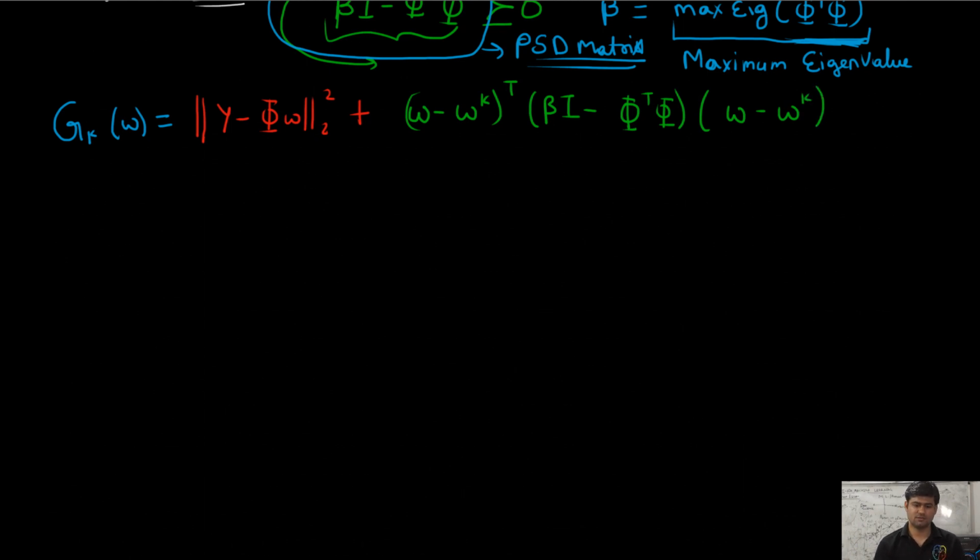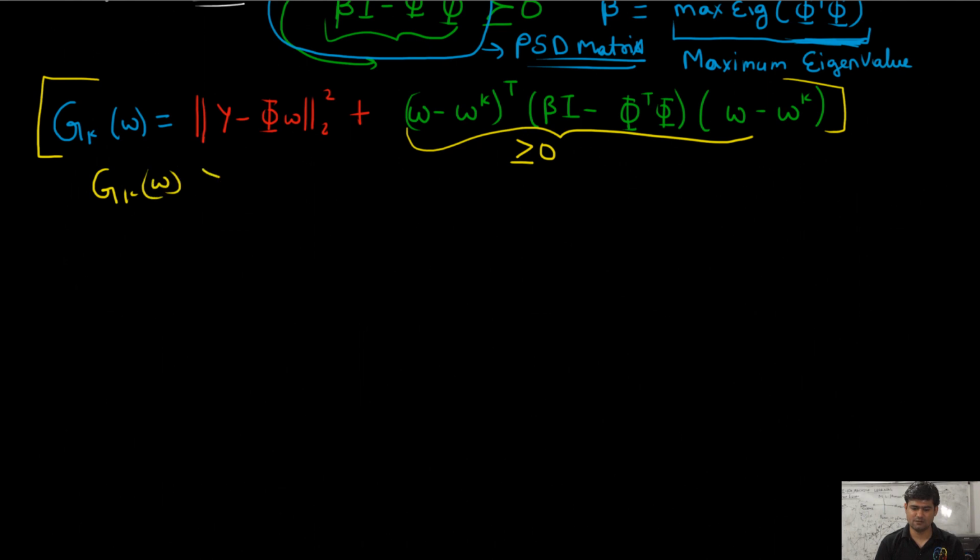So this is the function gk, and since this term is always greater than or equal to 0, gk satisfies that gk of w is always greater than or equal to e of w, where this is the function e.